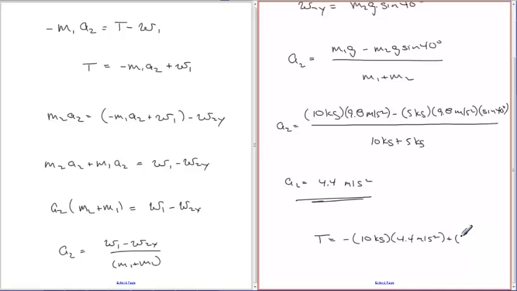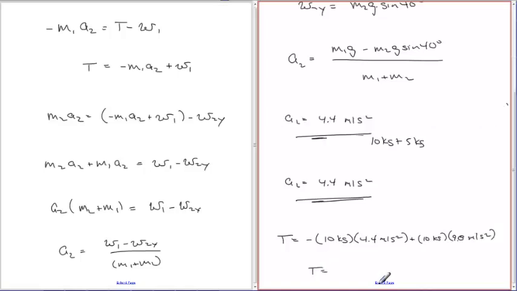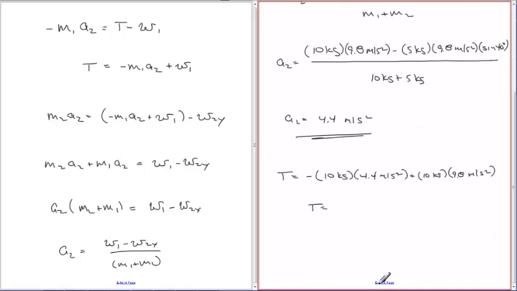W1 is 10 kilograms times G, which is 9.8 meters per second squared. Okay, so we've got 10 times 9.8 minus 4.4, 54. So I get the tension is 54 newtons. So let's stop and see if that's the right answer or not.